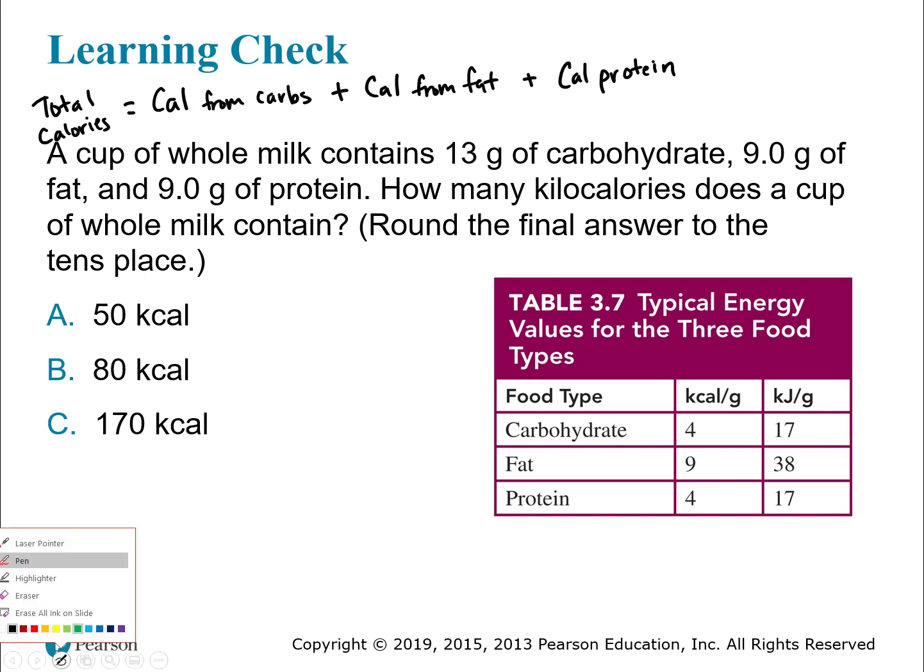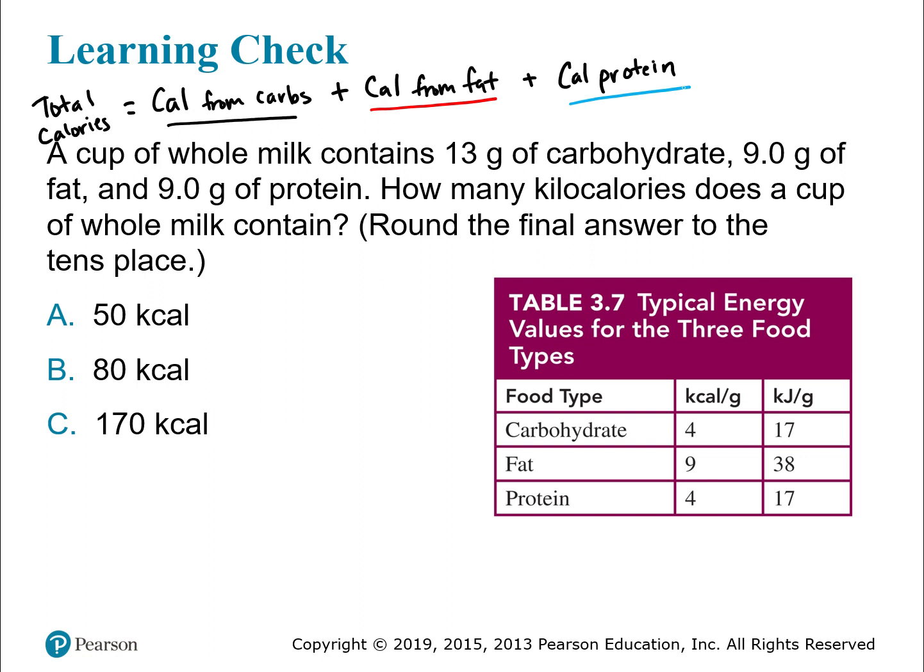I'll use different colors for these. So the carbs I'll keep in black. Fat I'll put in red. Protein will be blue.